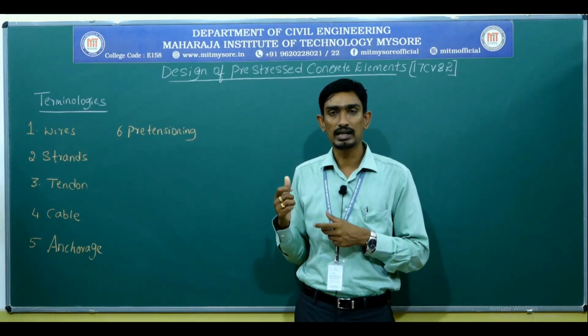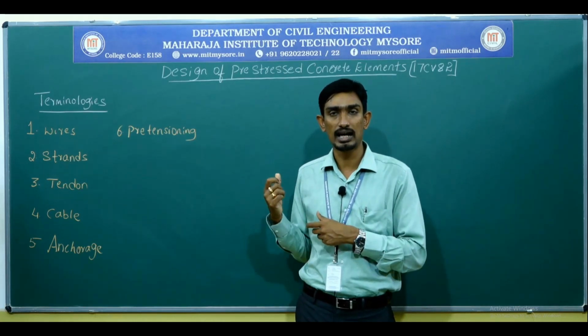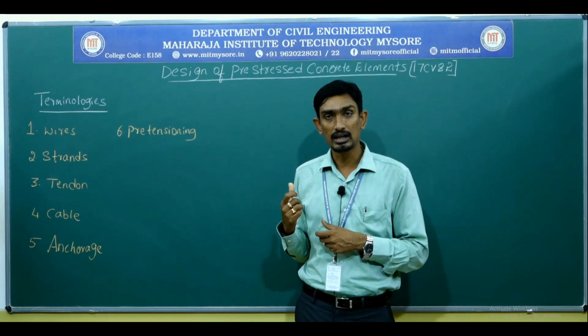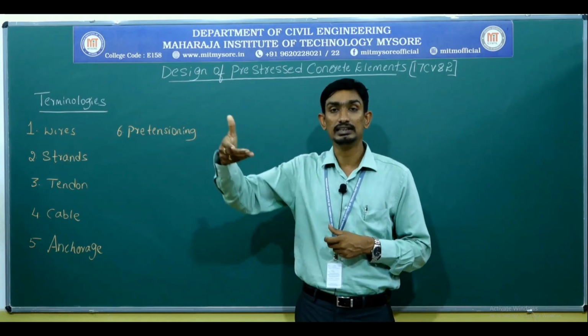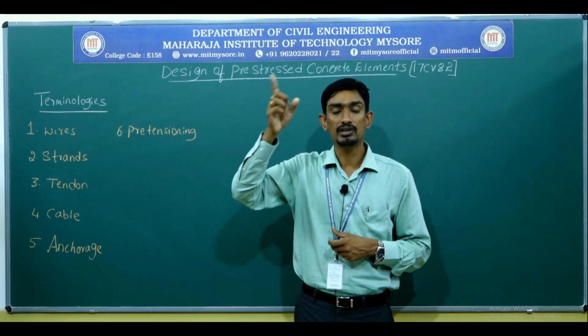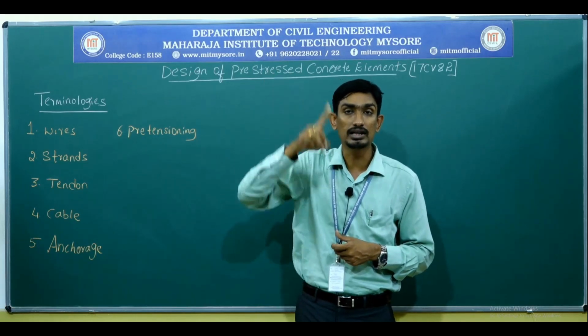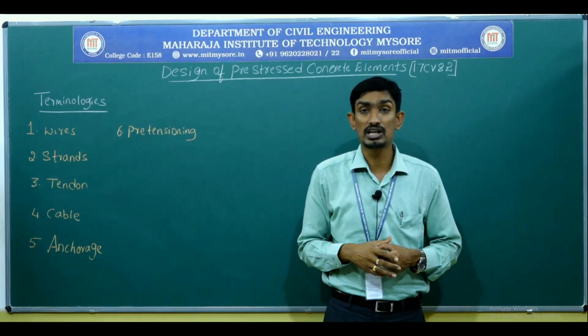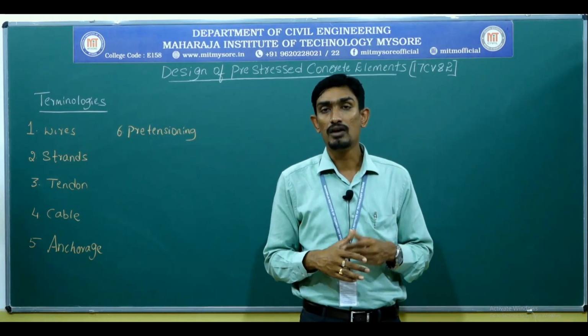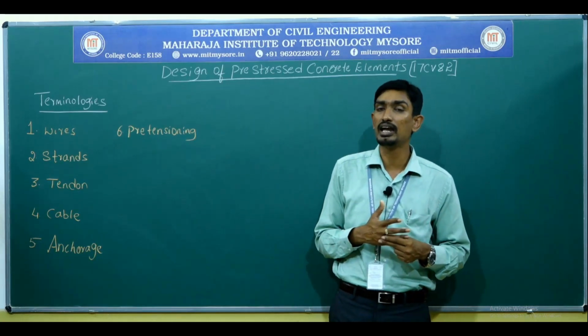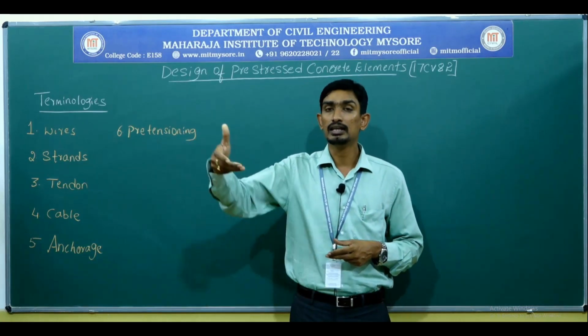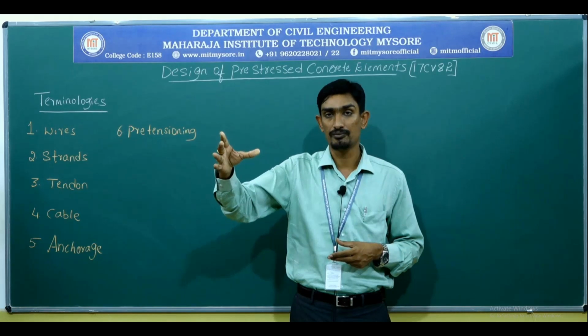Whatever diagram I drew in the last class is a mechanical hydraulic jack in which, after tensioning the tendon, the jack will be released. That means after tensioning the tendons and after the concrete has attained sufficient strength, that is after curing the concrete for the prescribed number of days, that is 28 days, later the jack will be released.